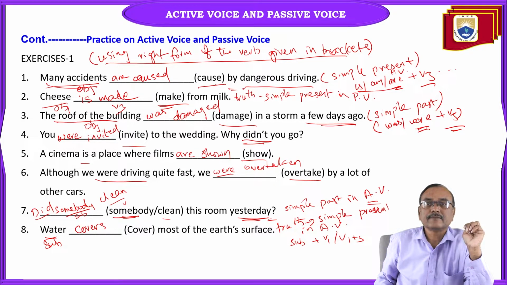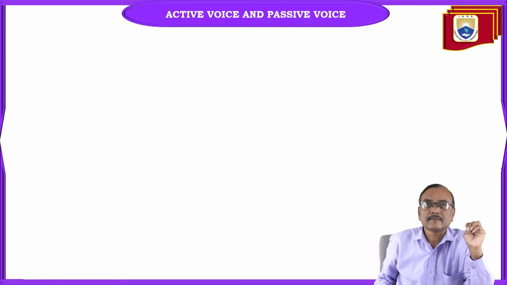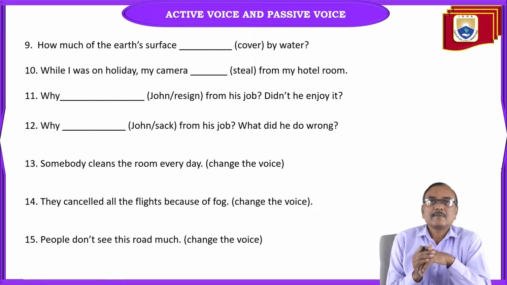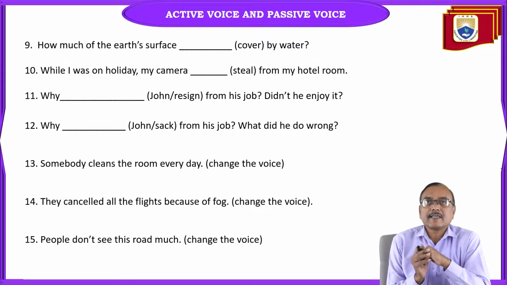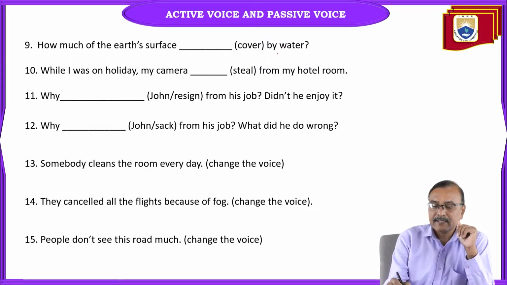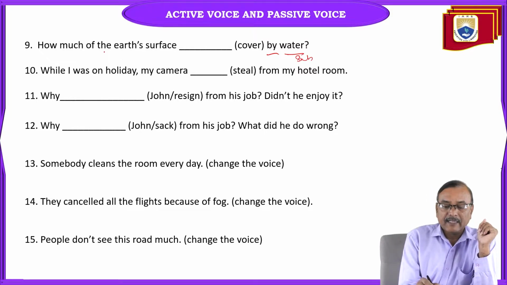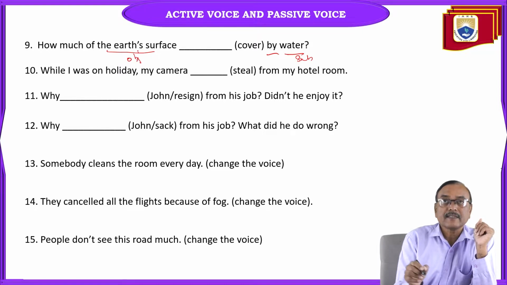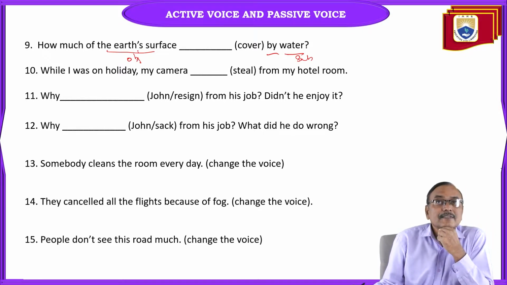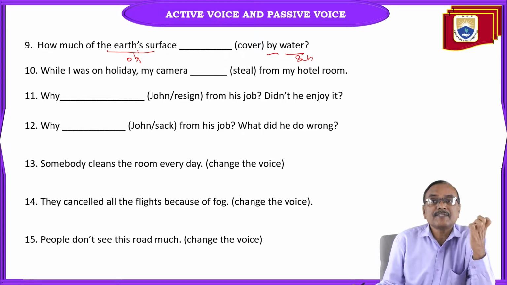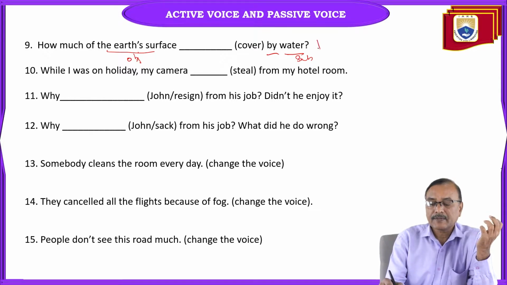Now, how much of the earth's surface dash covered by water? So water is the subject here, and earth's surface is the object here. It is the object, right? So the sentence is in passive voice, and truth means simple present tense.